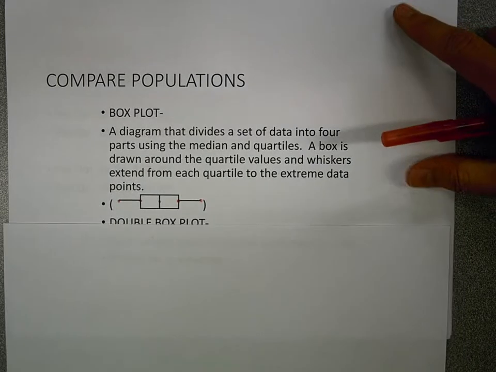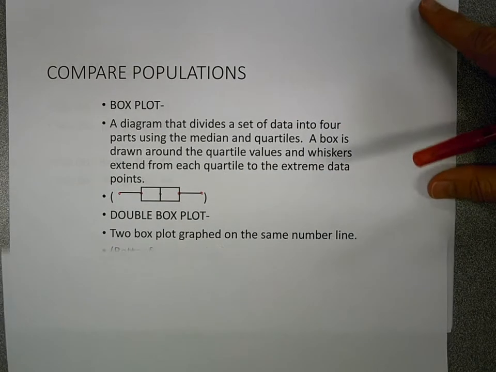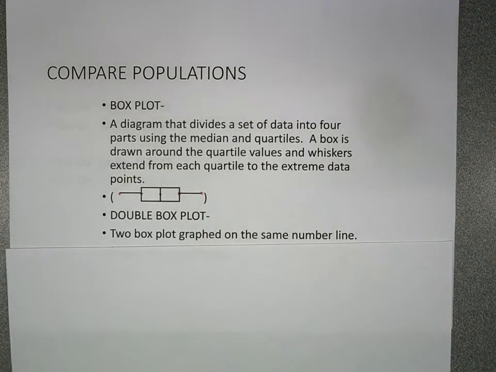Now, if that's a box plot, our next one is a double box plot. Double box plot. And this is 2 box plots graphed on the same number line. So you're going to see a number line where these boxes are going to be.